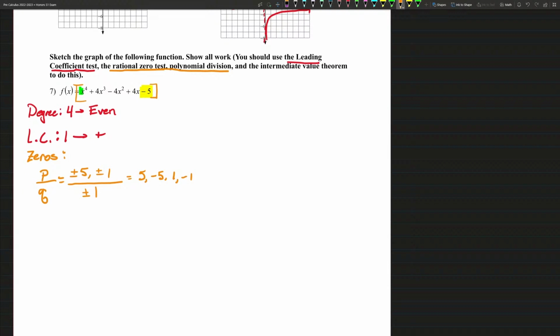Okay, and this gives us something to test, right? So we need to plug in f of 5 or f of negative 5 or f of 1 or f of negative 1. Again, ideally you see where the zero is.